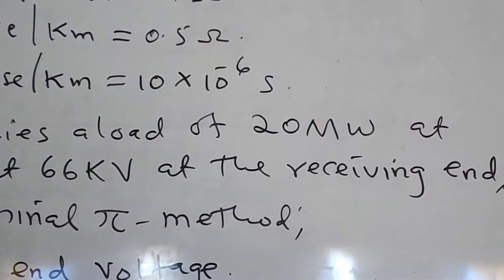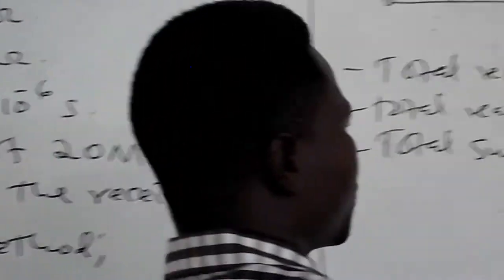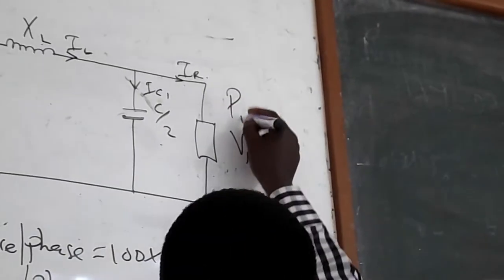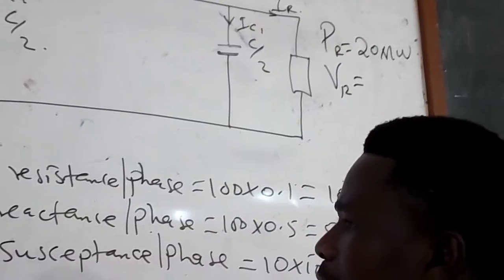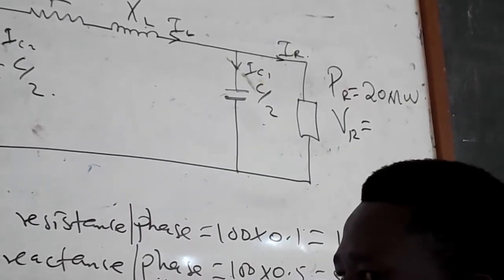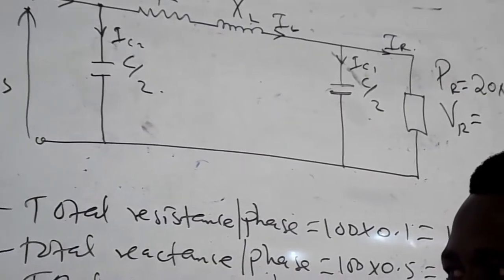Now, if the line supplies a load of 20 megawatts, that is the receiving end power, because that's where the load is. So the receiving end power, PR, is equivalent to 20 megawatts. From the question again, you can see that it supplies 20 megawatts at 0.9 power factor lagging at 66 kilovolts.